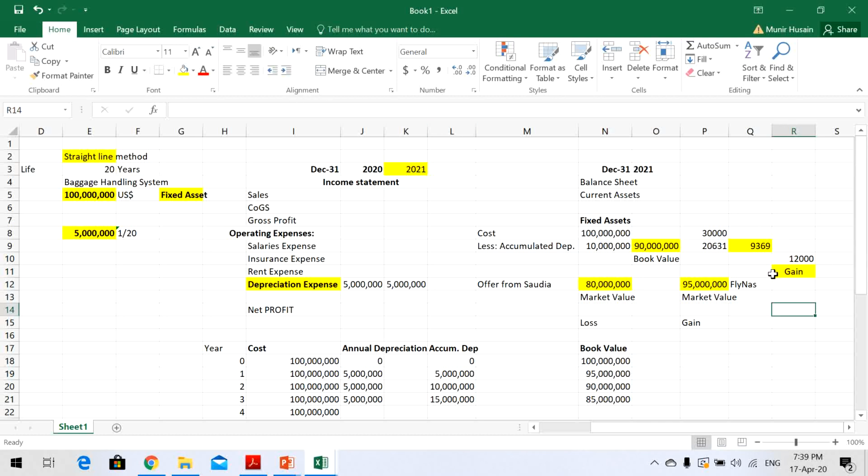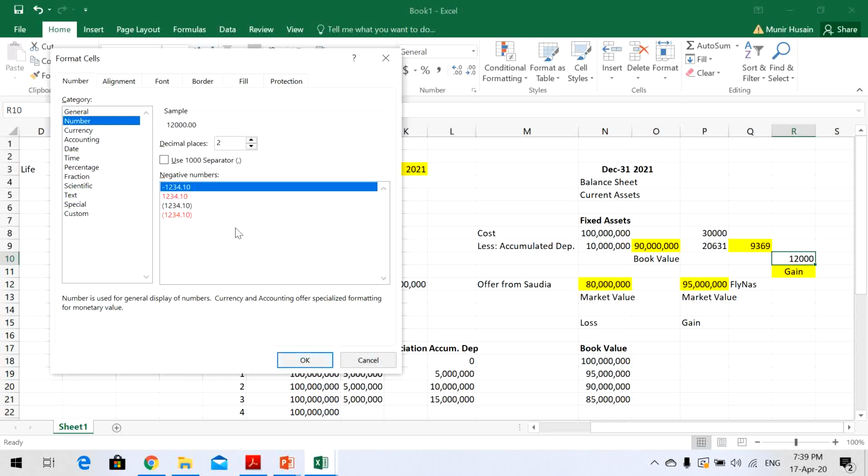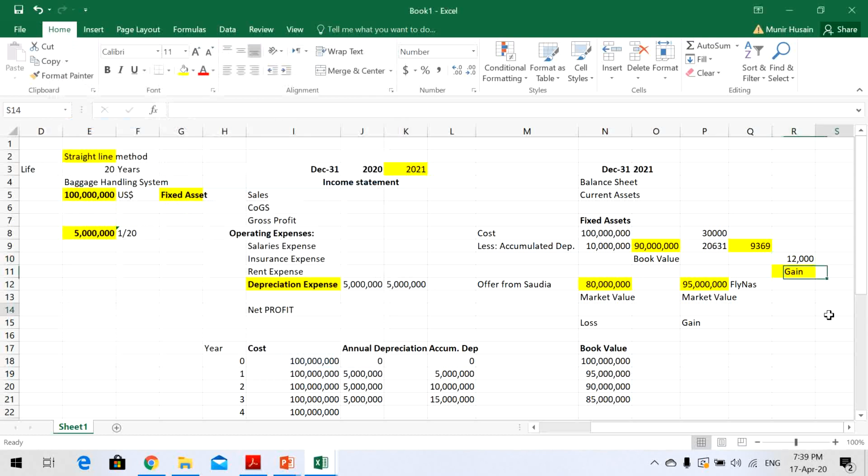But anyhow, what is given in this question 9.1? Cost and book value. From this we can find total depreciation or accumulated depreciation. And this is the market value at which we can sell it. We can sell this machine for 12,000.